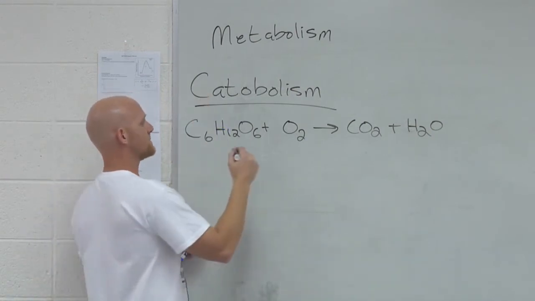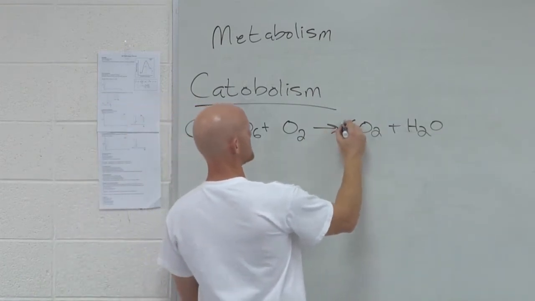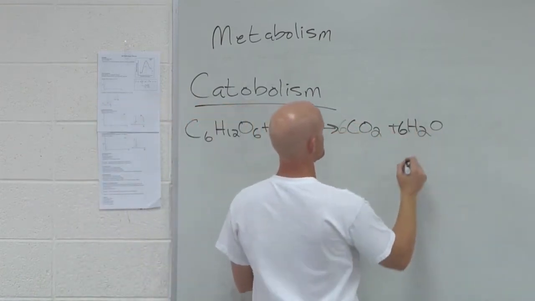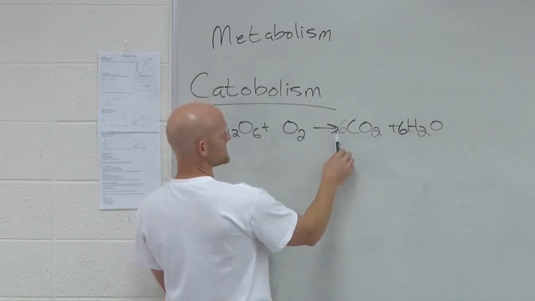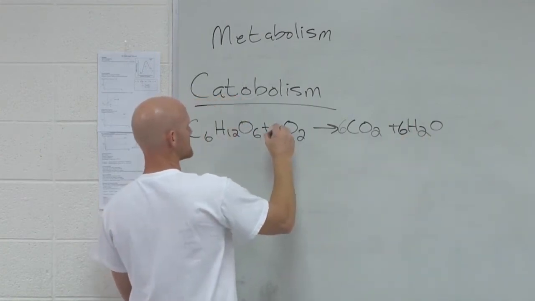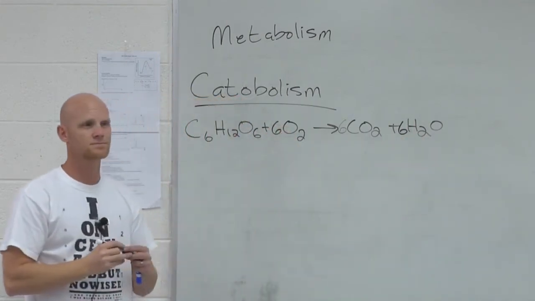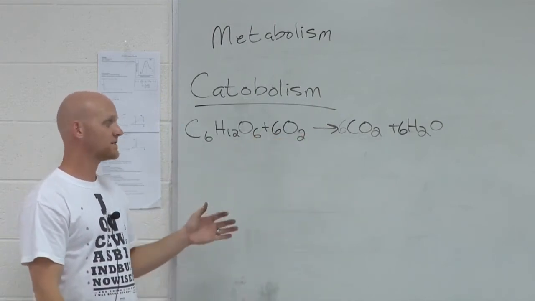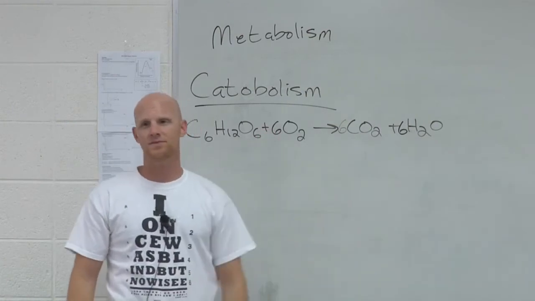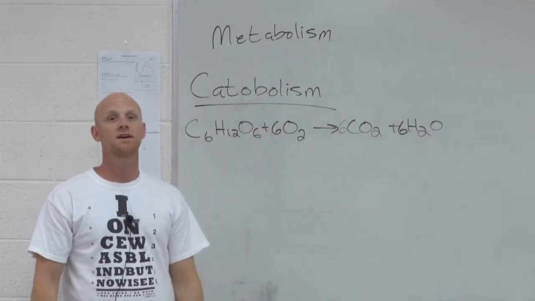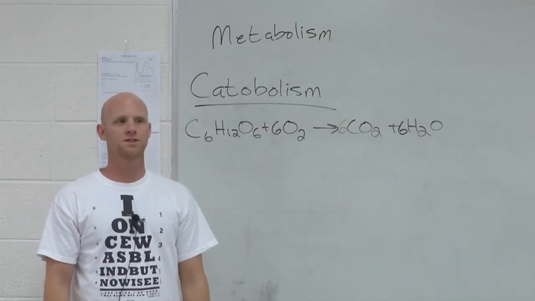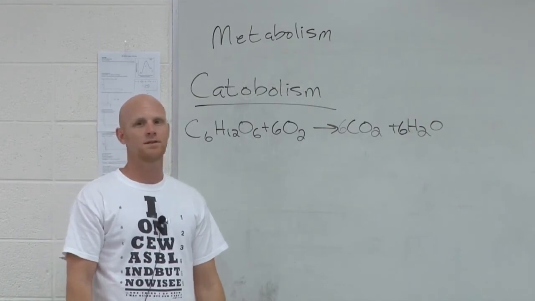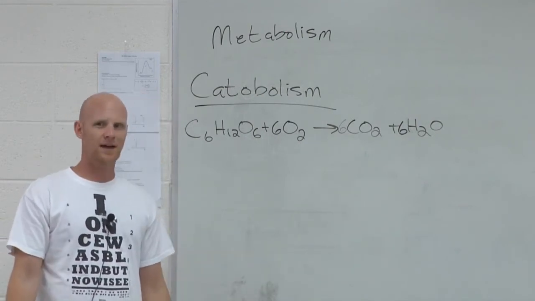And so in this case, if you balance this out a little bit, we need 6 of those, 12, 18, there's already 6 there, we'll need 6 of those. Delta H for this reaction and delta G, both are big fat negative numbers. This is a really spontaneous reaction. It releases a boatload of energy. That's why we eat it. You don't eat stuff that can't give you any energy, like asphalt.